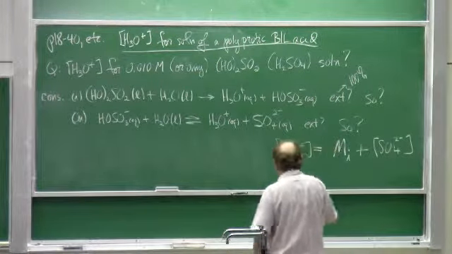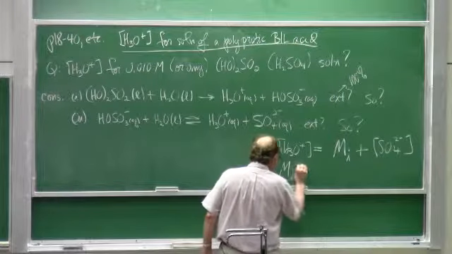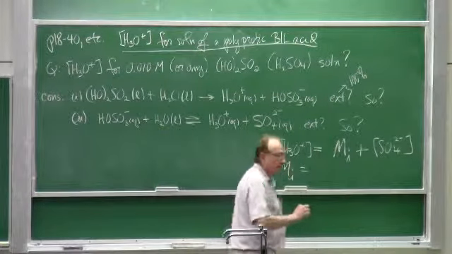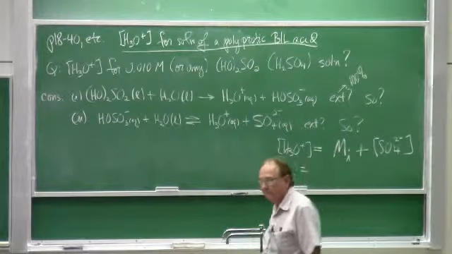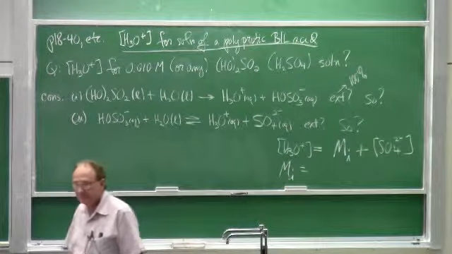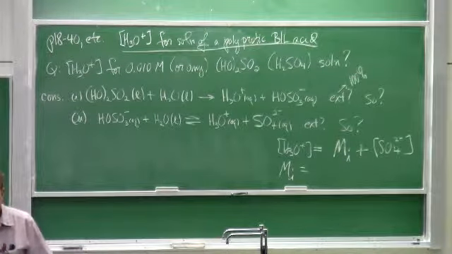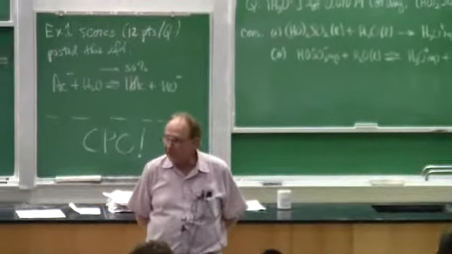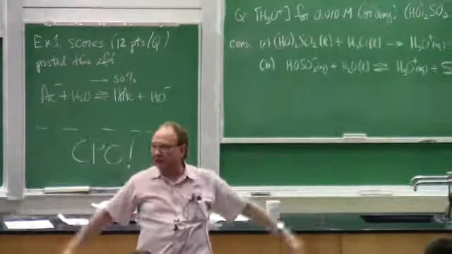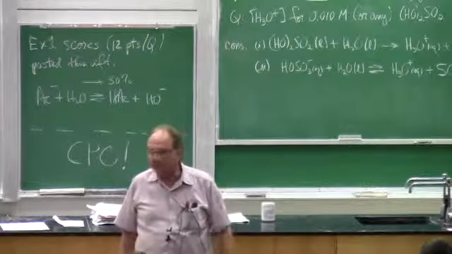Now then, in terms of chemical components of this system, what's M sub I equal to? This is the chemistry. With understanding this, you can do business with any sulfuric acid solution. And if you don't understand this, you're going to be lost.